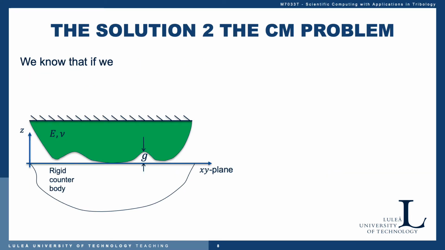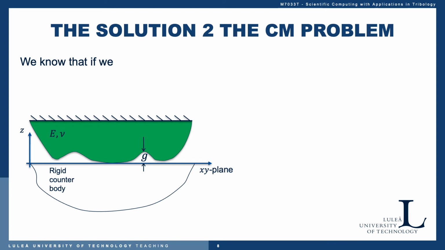Let us consider the contact between two half-space bodies, namely the one depicted here, with an elastic upper body with a lower boundary described by G, and a rigid lower body with a perfectly flat upper boundary coinciding with the XY plane.